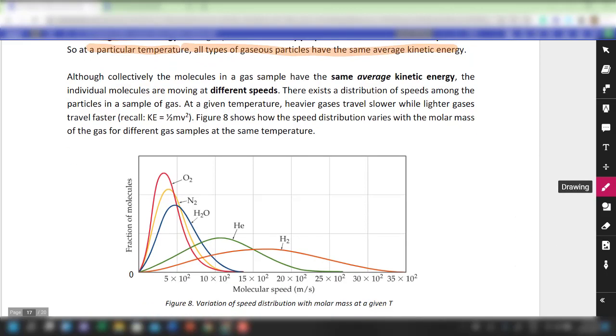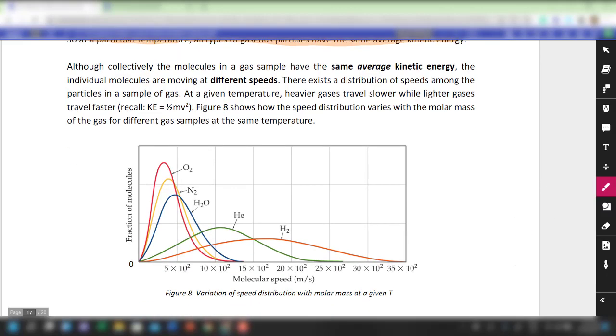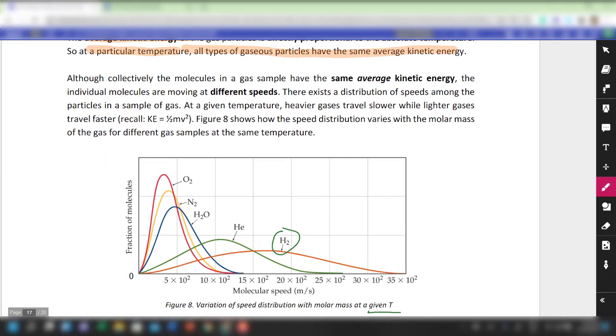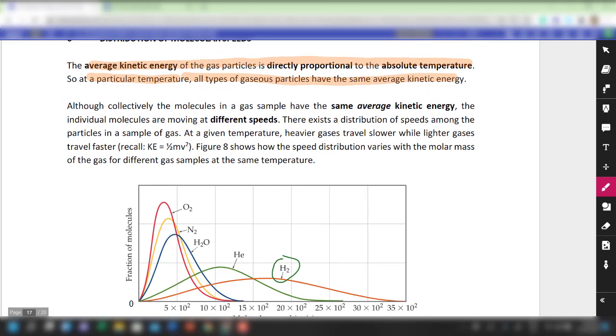Over here we have different gases. Oxygen is quite narrow, so I think this temperature is a given T, followed by hydrogen, and then nitrogen. You realize that hydrogen has the greatest distribution, and this is actually linked to the relative molecular mass as well.